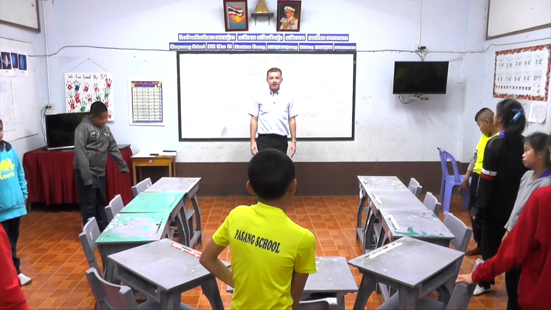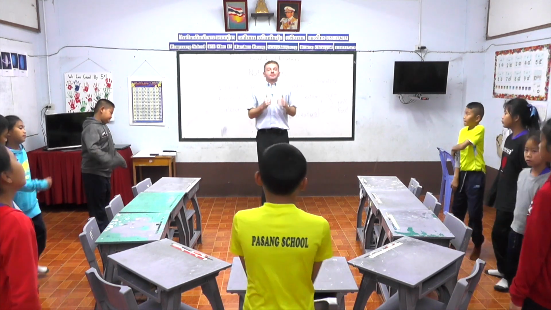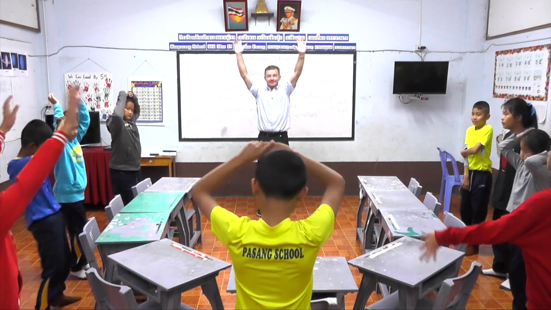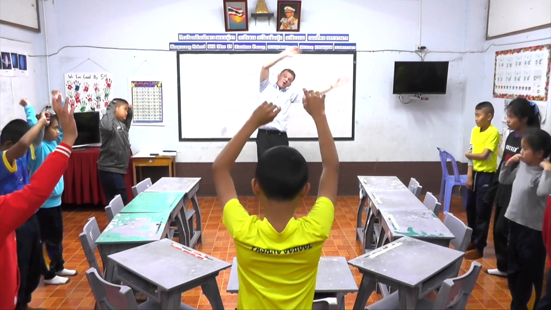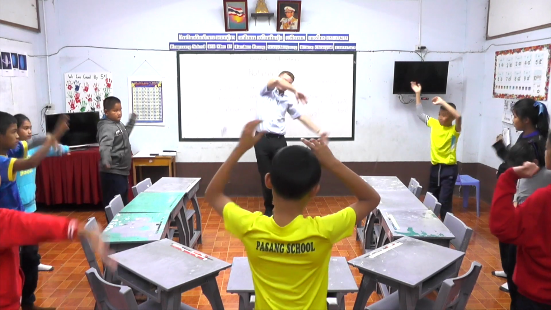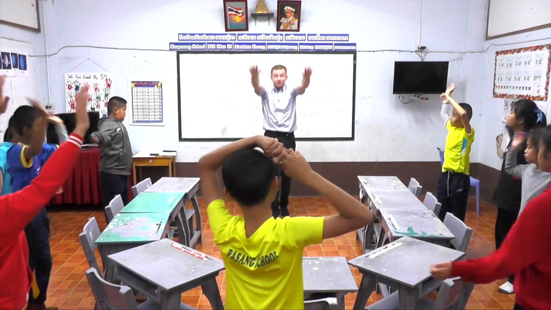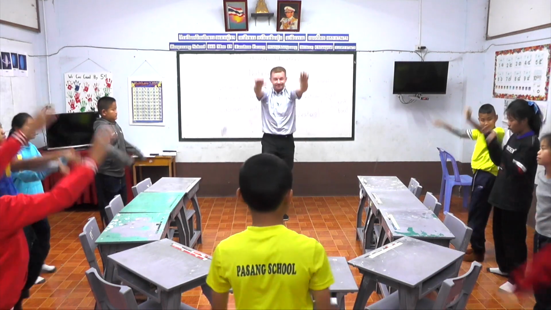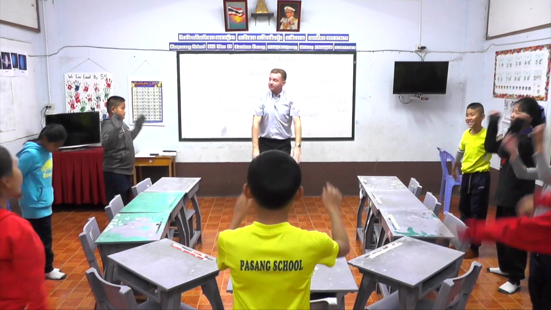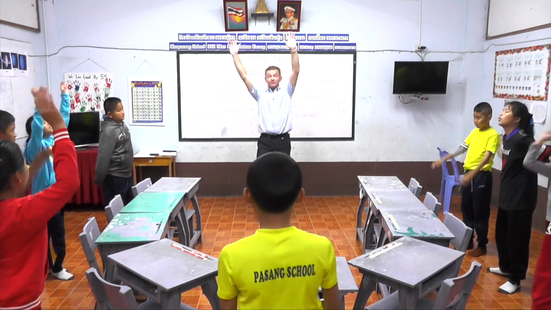And Teacher says, jogging on the spot. Teacher says, arms in the air. Teacher says, arms side to side. Teacher says, forwards and backwards. And stop. Excellent, guys. Teacher says, turn around.